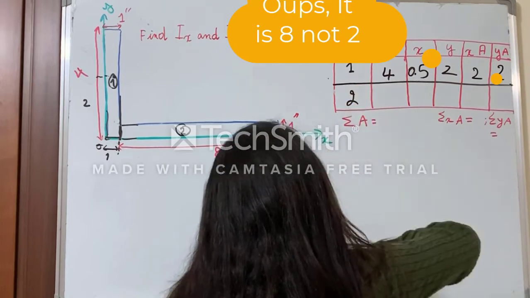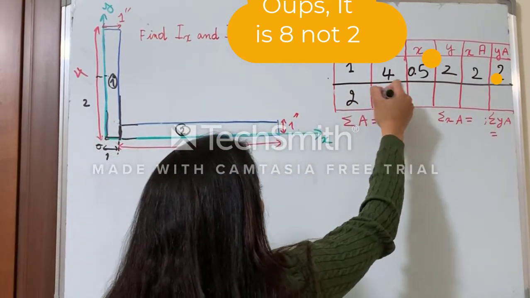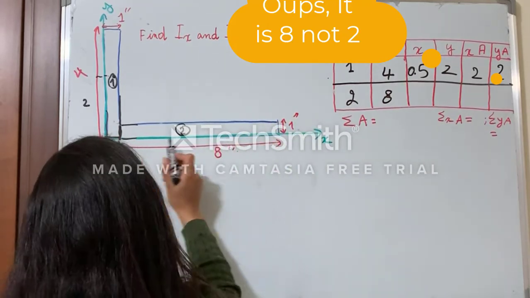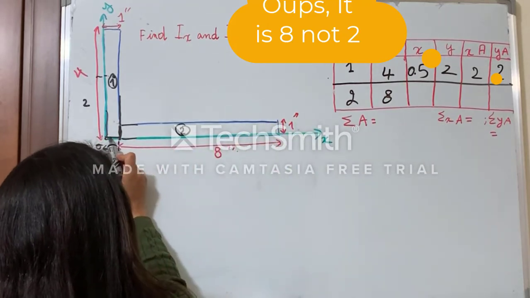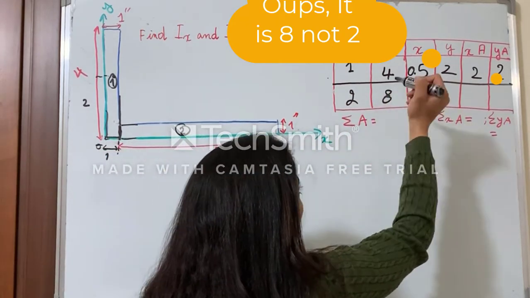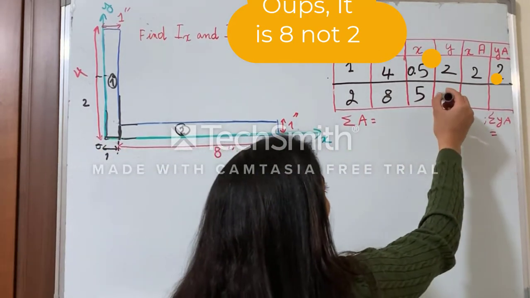In the second shape, guys, which is this one, the area is 8 times 1 inches, and x will be equal to, so this is x, I have 1 here, don't forget, and then I have 4 here, which means it is 5, and y is equal to 0.5.